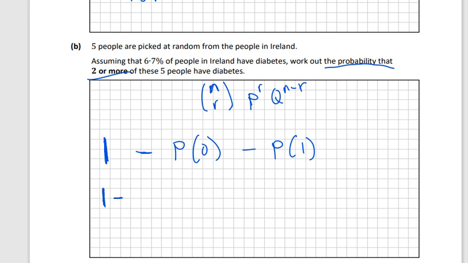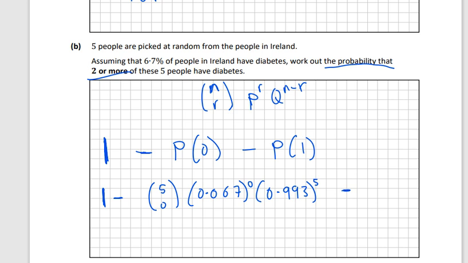So it's going to be 1, take away, and then we're going to fill in the formula for 0. So that would be 5 choose 0. The probability of it happening, that's the 6.7%, or 0.067 to the power of 0, times, and then we have to do 1 take away 0.067, that's 0.993 to the power of 5 take away 0, that's 5.